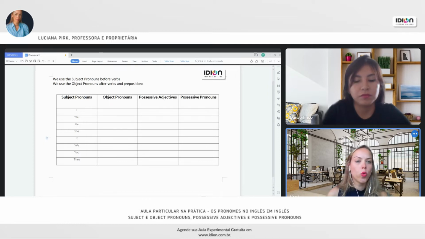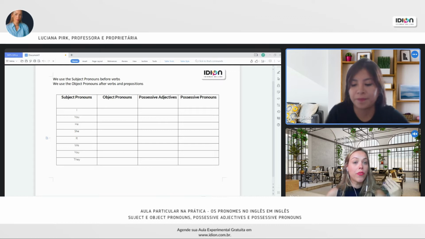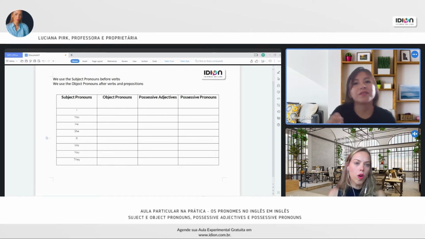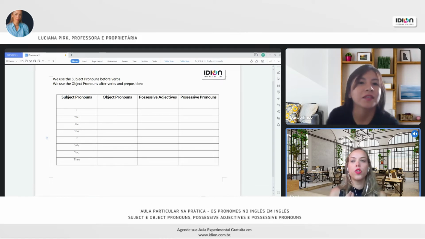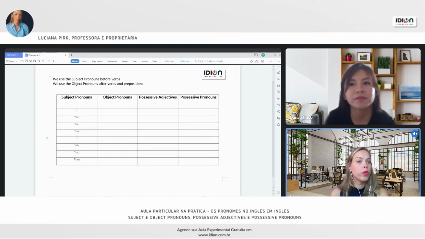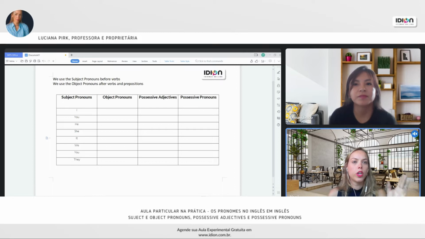Like sujeito oculto, sujeito indeterminado, like está sol, está frio, that we just say the verb and what we want to say. In English, we cannot say is cold, is sunny. It is wrong to say that. So we need to use it. When you don't know what the subject is, if it's singular, use it in the sentence. The verb can never be alone, right?